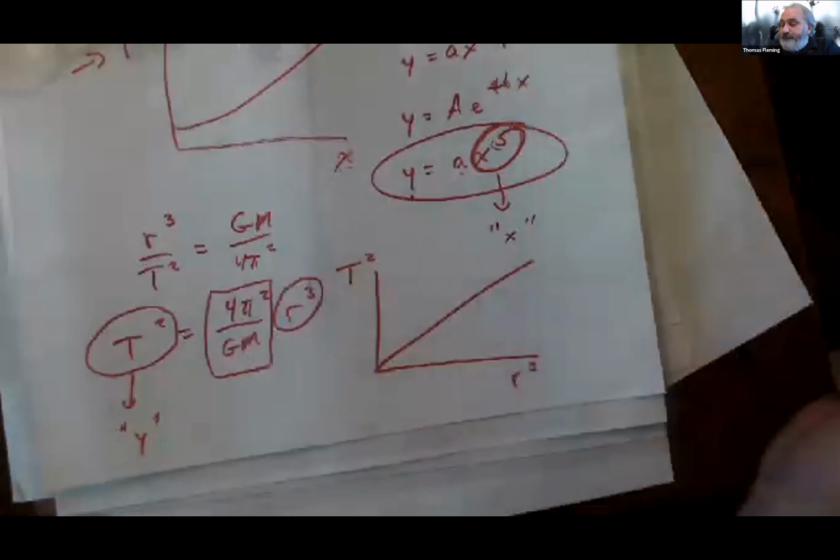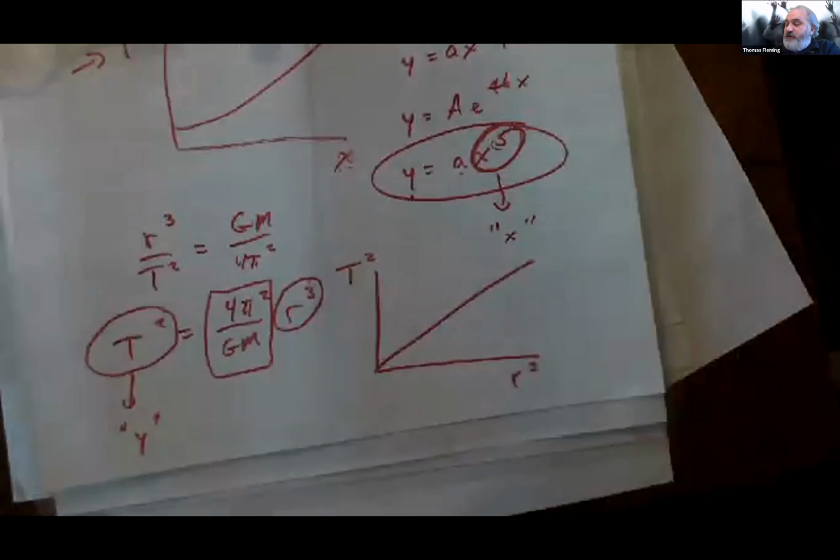So it's a trick that we're going to end up using a lot, and it's super, super helpful if you've got some sort of guess about what the function might be. If you plot it in just the right way, you'll end up getting some sort of linear function.